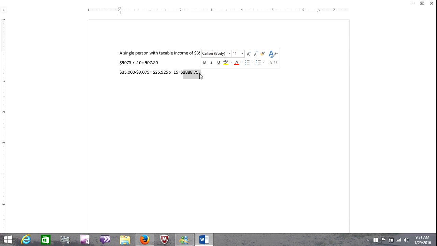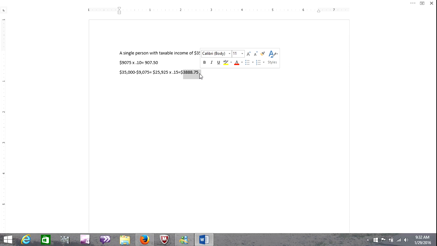Once you have that number, take their full income, 72,000, and subtract the 18,150 because they've already paid tax on that. Whatever that difference is, multiply that by 15% and then add the tax they paid on 10% and the tax they paid on 15%. Add those two numbers together and it will give you the answer.